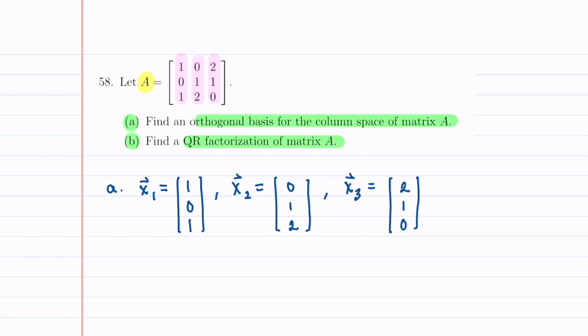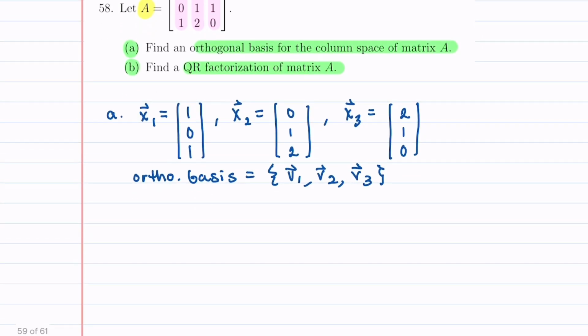Our orthogonal basis, I'm going to name with the vectors v1, v2, and v3. We are going to use the Gram-Schmidt algorithm to find these orthogonal vectors.